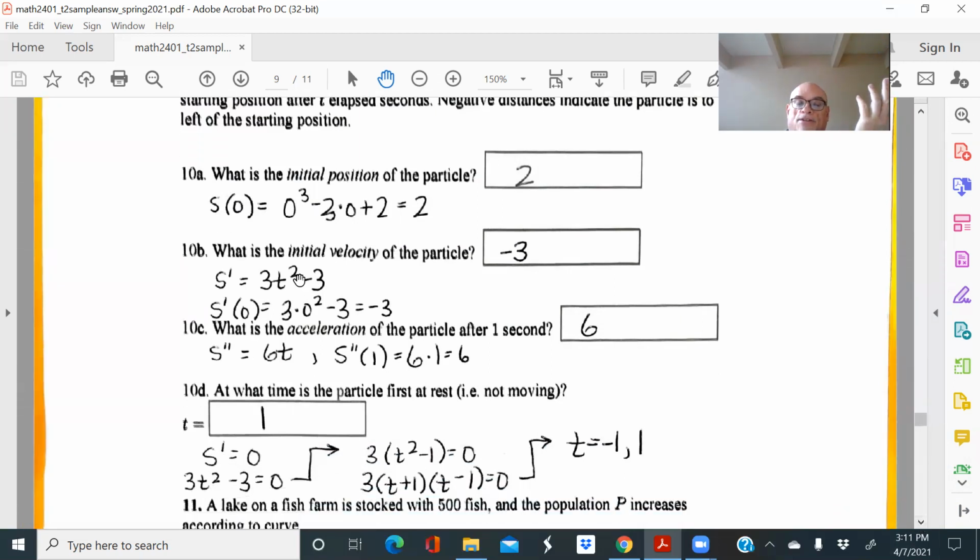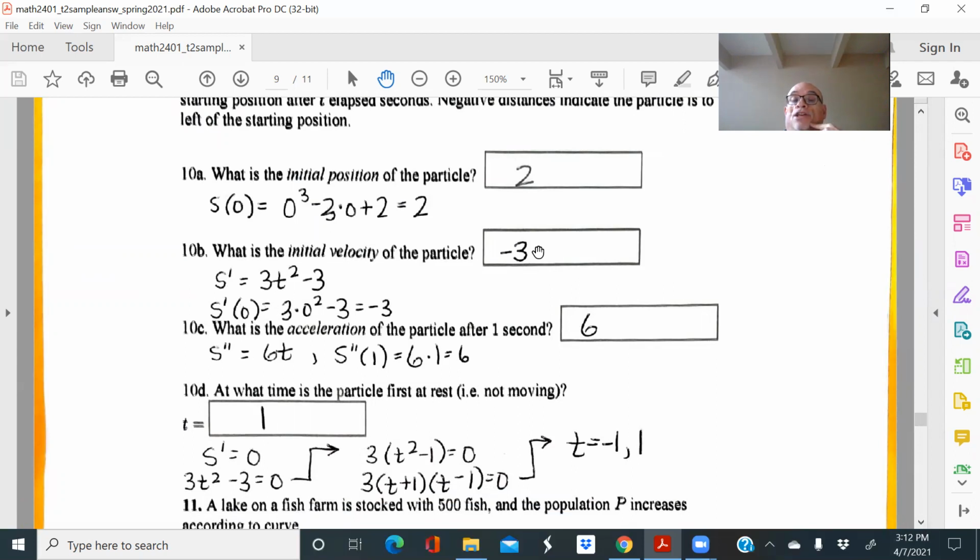The second question is where calculus comes in. It wants to know what is the initial velocity of the particle. Velocity is the derivative of the position function, so you need to find the derivative of the position function. That's easy to calculate: it's 3t squared minus 3, and then evaluate that at 0, because initial would be at time 0.